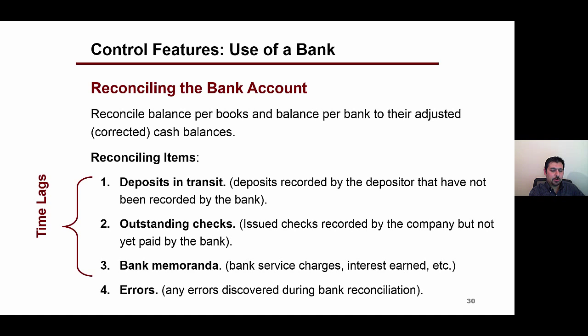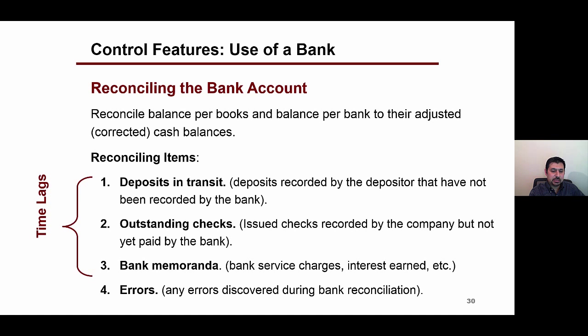On the other hand, there are also the outstanding checks. Those are the checks that the company has already issued, and because the company issued those checks as payments to, for example, suppliers, the company will record them as already paid, and at that point they will be crediting their cash balance. But the bank will not actually pay those checks until they receive them.